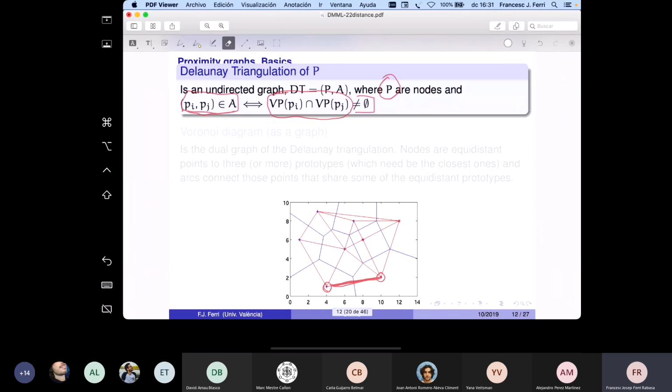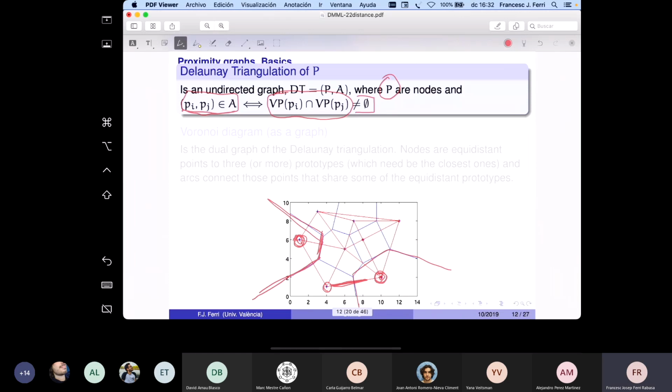By the same reason, this point here and this point here are not related because this polytope and this polytope do not intersect. So there is no arc from these two points. Okay?